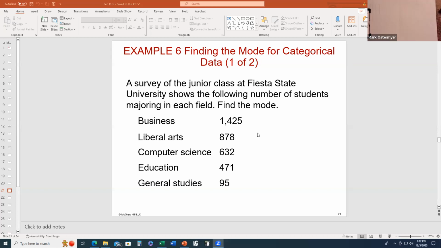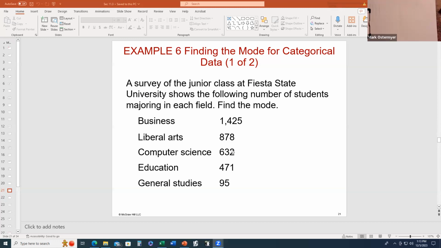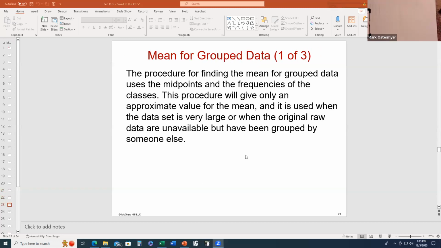It's the business major, correct? Yes. So the business major would qualify as the mode. Everybody see that? Okay.